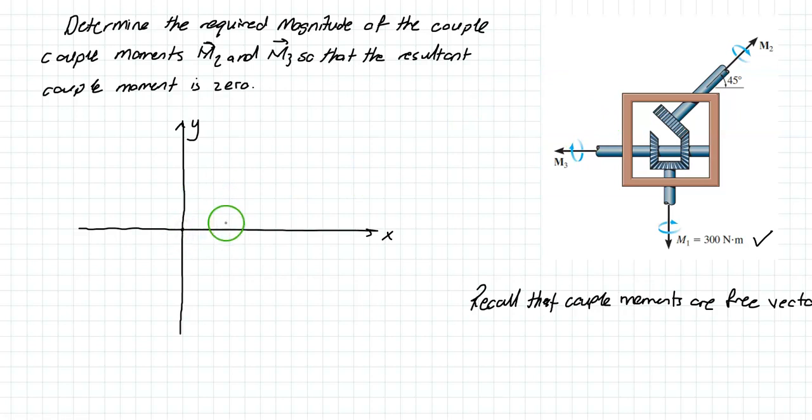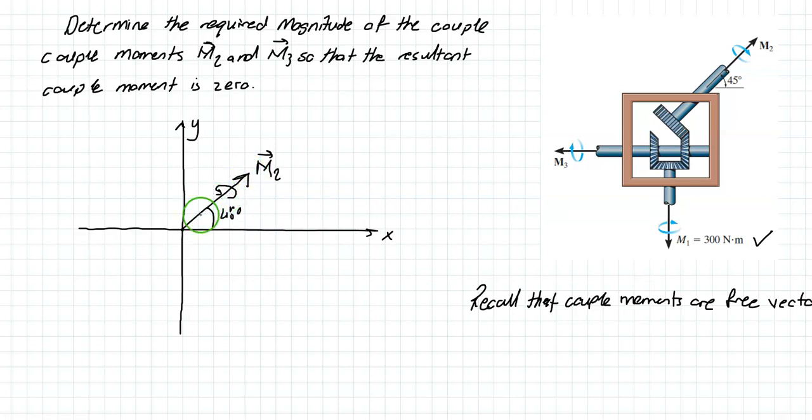So we have at a 45-degree angle an M2 acting 45 degrees with the x-axis, so this is the M2 vector, and it's causing a rotation like this.